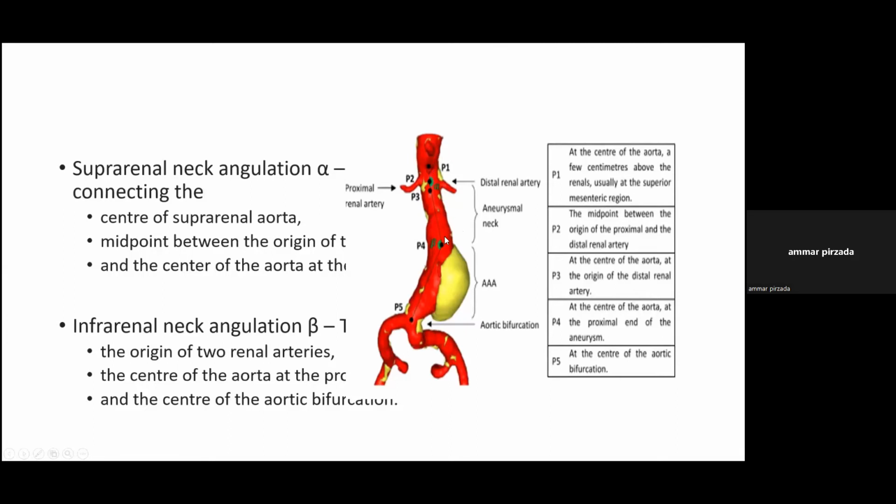If we talk about the infrarenal neck angulation, here we consider different points. The midpoint between the origin of the two renal arteries, which is P2, then P4, where the aneurysm is originating, and the last point would be P5, which is the bifurcation. So P2, 4, and 5 make our infrarenal neck angulation.